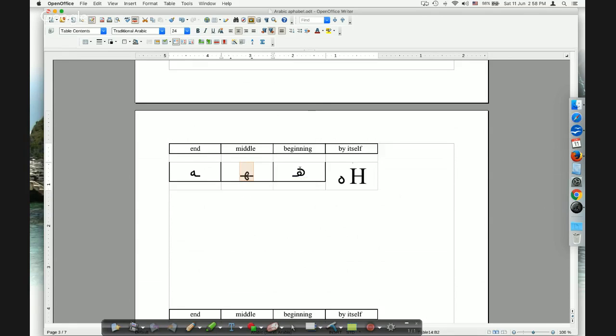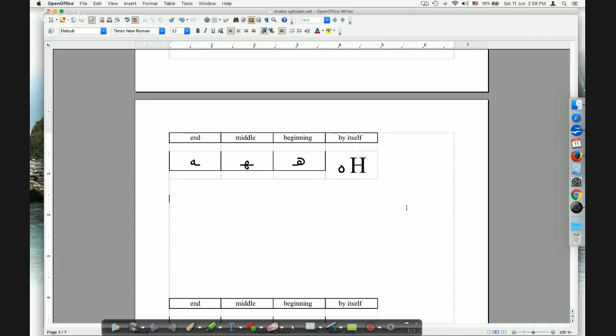You see, by itself, in the beginning, in the middle, at the end, none of them look the same. So this is kind of a unique letter. You need to learn how to write it. Now, you see in print, it's coming like this, but you do not need to write it this way. I will show you how you can write it by the pen. So let us hook up the tablet again. I keep disconnecting, so to avoid the crashing.